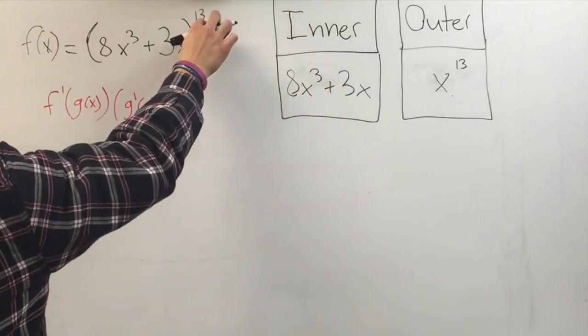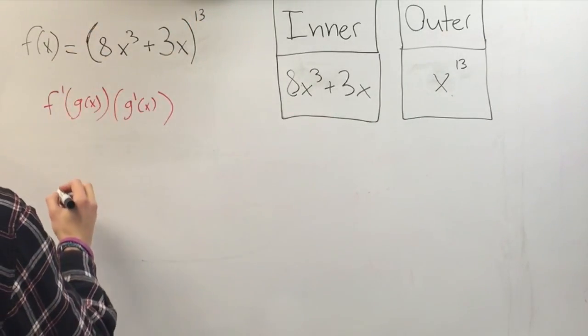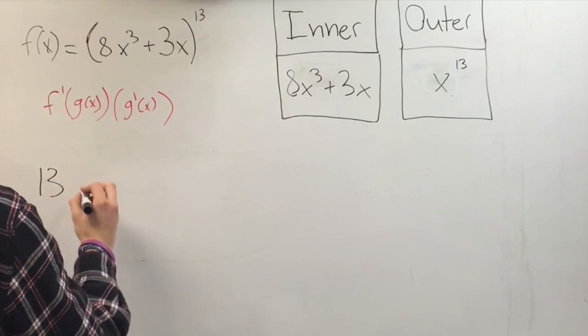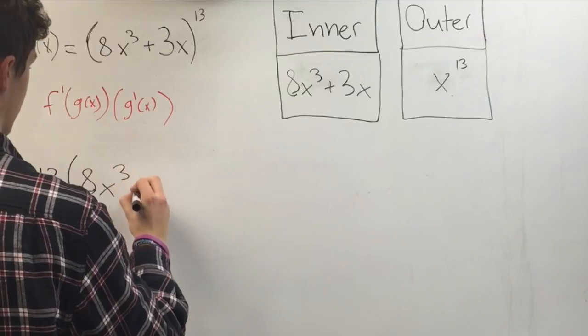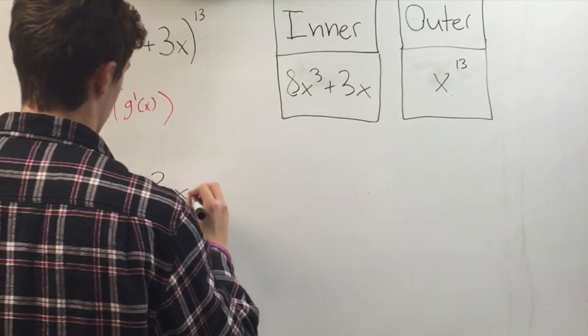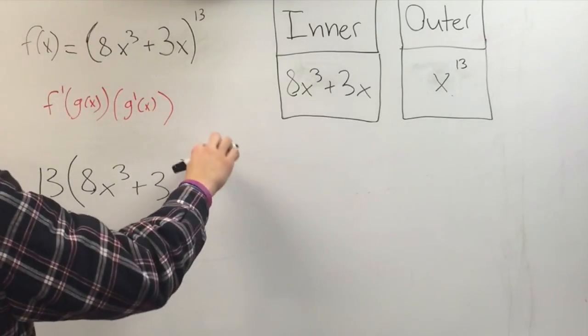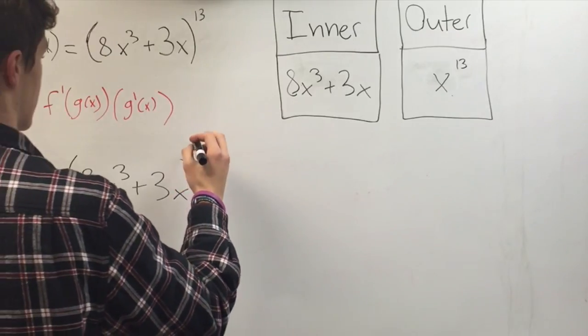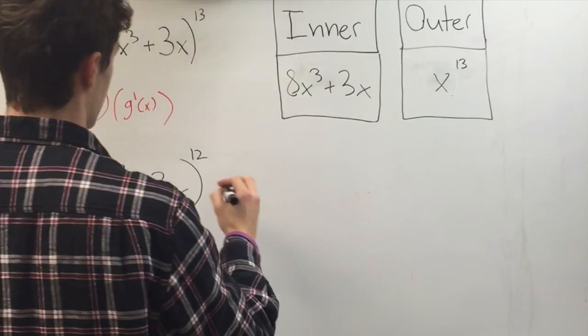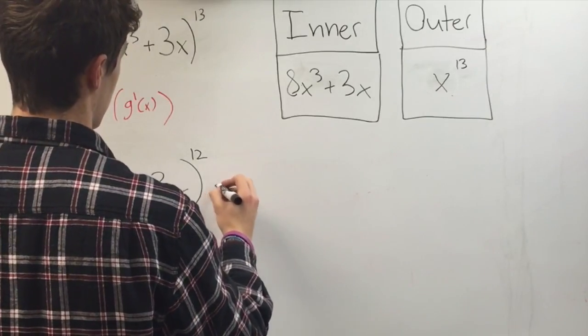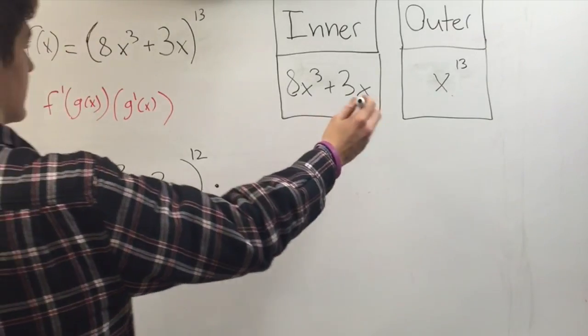That means bring the exponent down to the front, and then the exponent will be reduced by 1. And then multiplying this by what's inside the inner function.